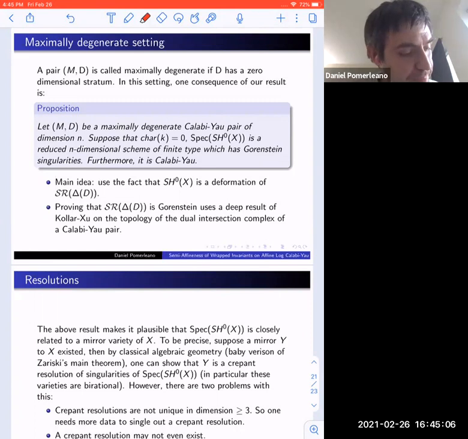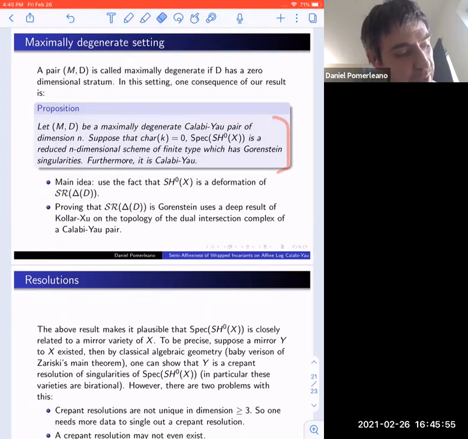The main idea is to use the fact that symplectic cohomology is a deformation of this Stanley-Reisner ring. Then you want to show that under these hypotheses, the Stanley-Reisner ring is Gorenstein itself. That turns out to use a result of Kollár and Xu on the topology of the dual intersection complex of a Calabi-Yau. What they prove more specifically is that this dual intersection complex is a rational homology sphere, and that it's locally a rational homology manifold.